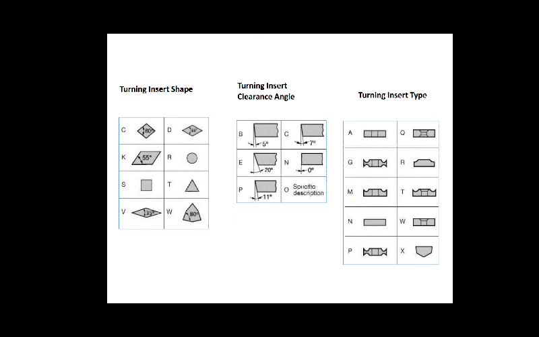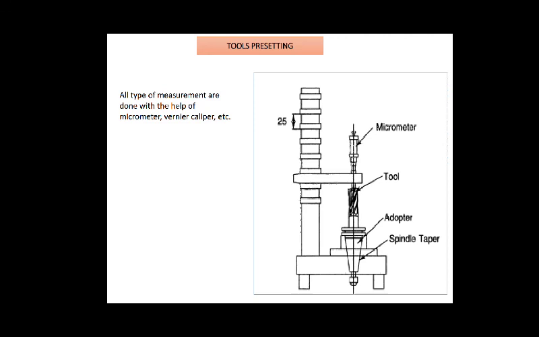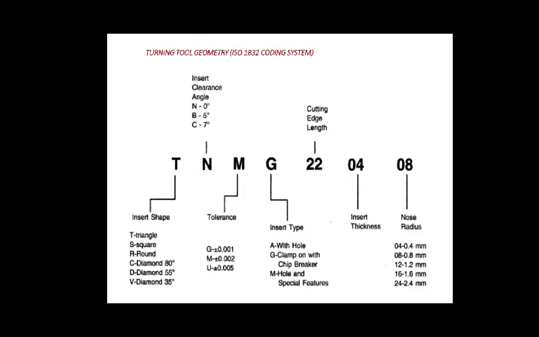So these are the turning insert types. And this is the turning tool geometry as per the ISO 1832 coding system.